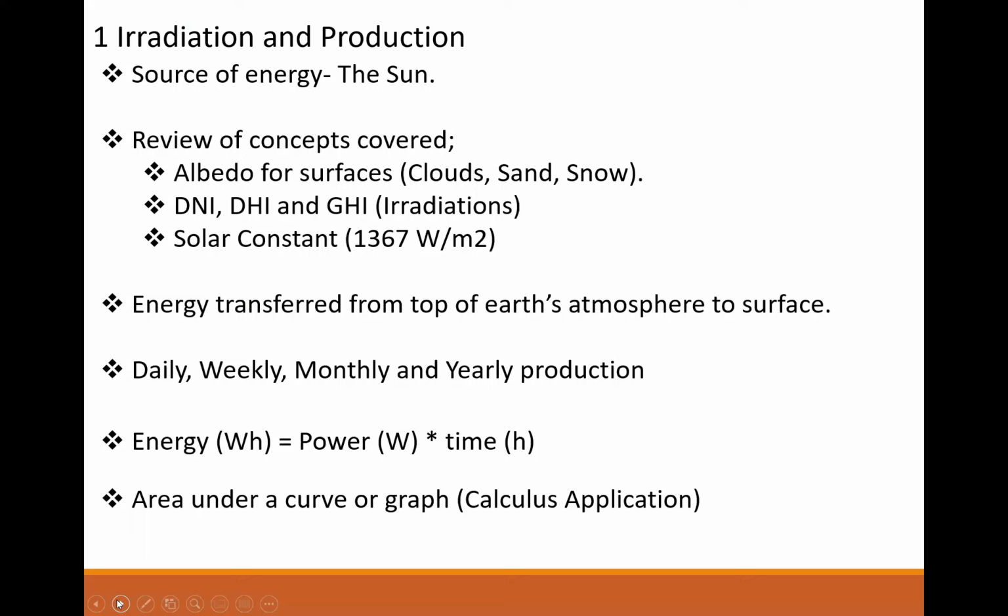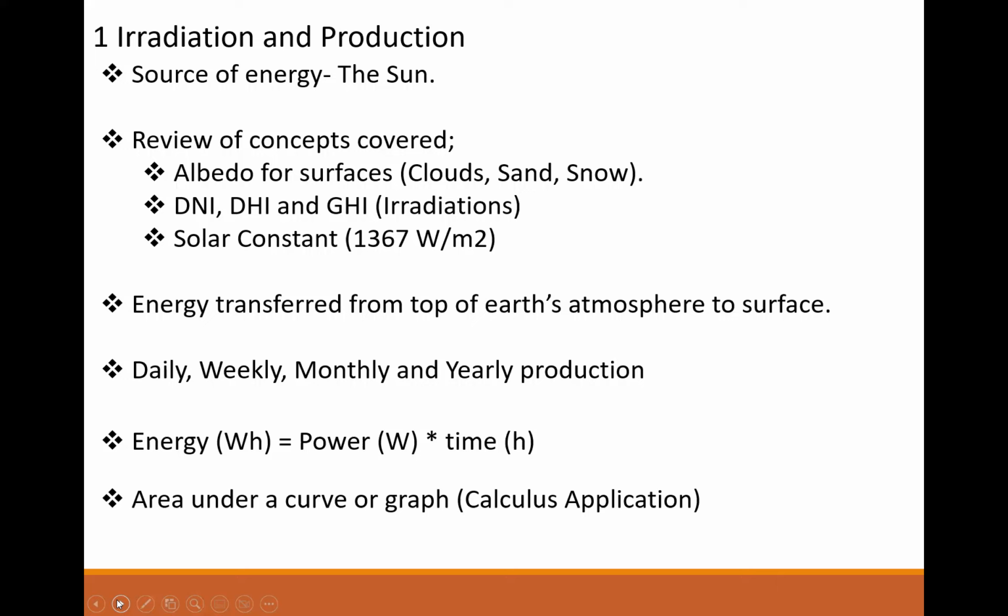We also reviewed certain concepts to do with the albedo for surfaces, that is cloud, sand, and snow. We also looked at the direct normal, direct horizontal, and global horizontal irradiations, which are the DNI, DHI, and GHI.